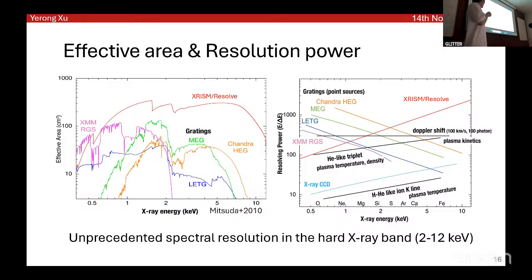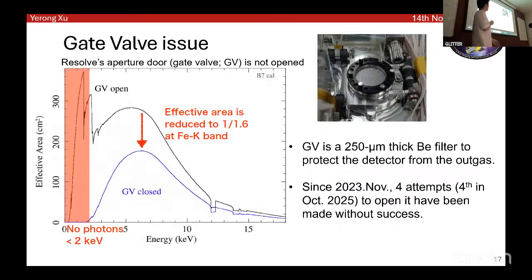However, unfortunately, these curves were measured before the mission was launched. You know, when everything comes to reality, some bad news can happen, due to technical issues related to the gate valve, which covers Resolve.